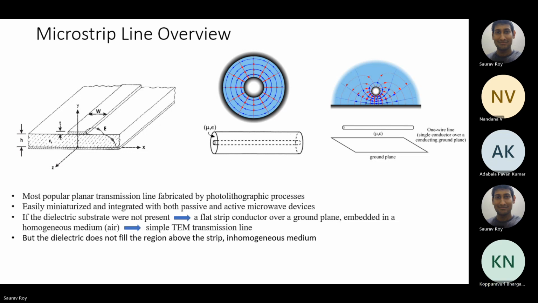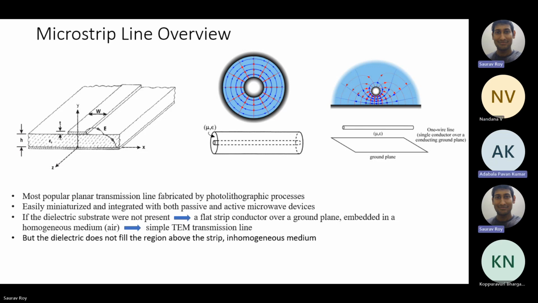Yes, right. The second picture will become the third picture if you just cut the outer conductor of a coaxial transmission line. Nandana and Pavan, is it clear? Yes, sir. Okay.